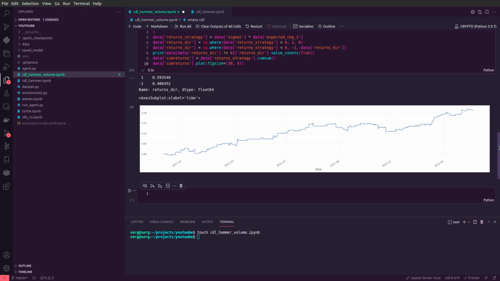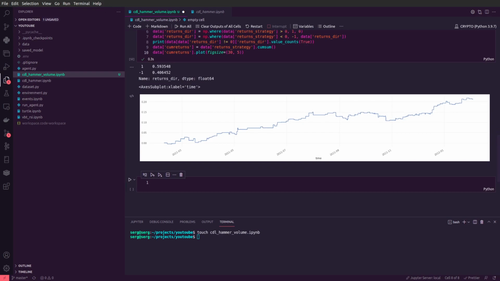Yeah, in this case Bitcoin has some range, and we have some good profitability for Bitcoin.